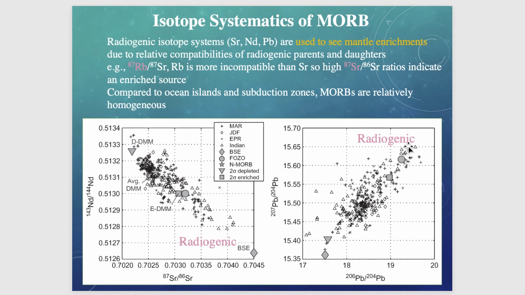That will give you these compositions, and so you will be on the order of 2 sigma enriched when you are in this part, or over when you are in this part of the spectrum of isotopic ratios, so above the 19 and also above the 15.6, let's say, or 15.5 more correctly.